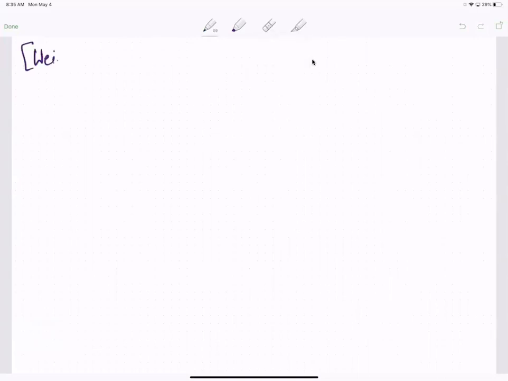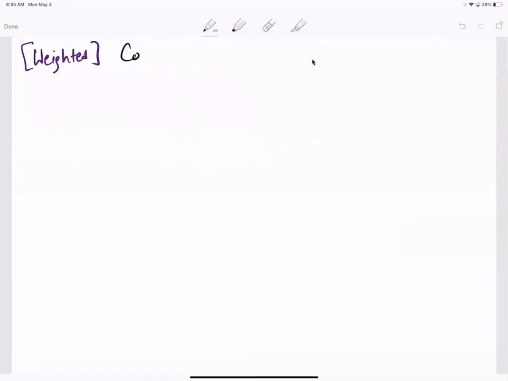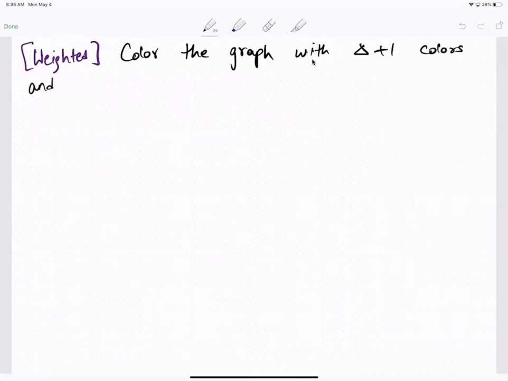Okay, so let's look at the weighted case now. The high level idea is the following. You color the graph. I hope everyone knows what coloring is. Color the graph with delta plus 1 colors and pick the color class with largest weight.